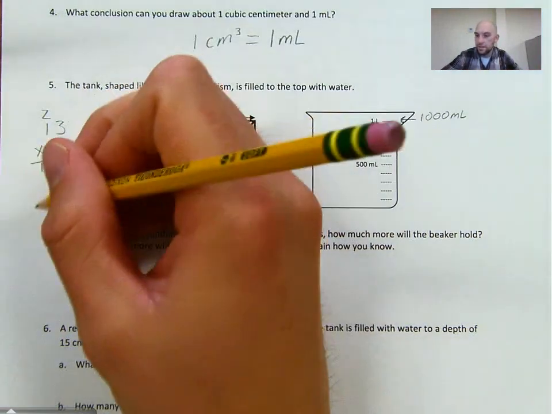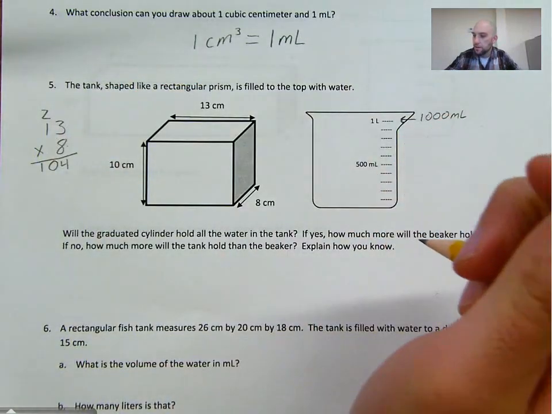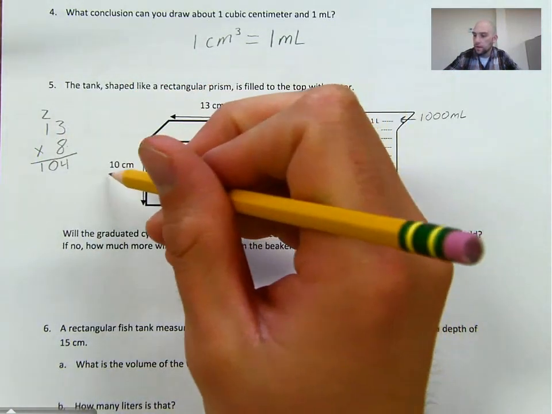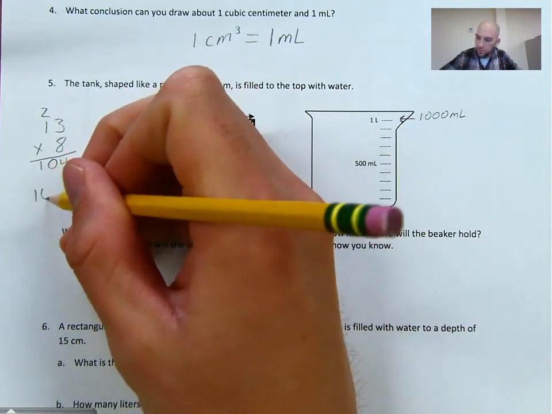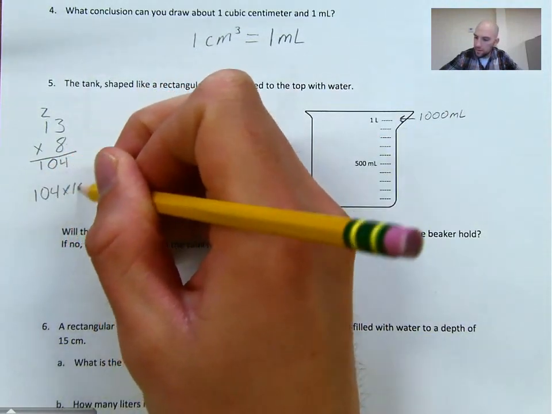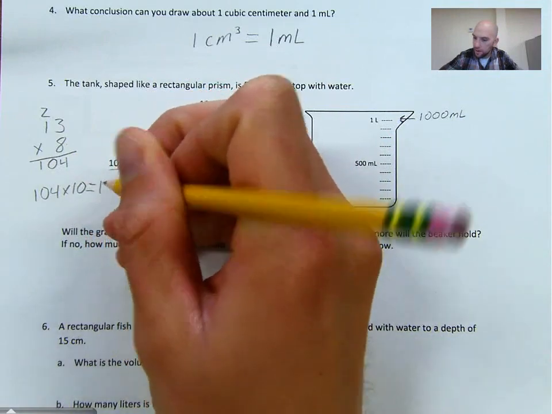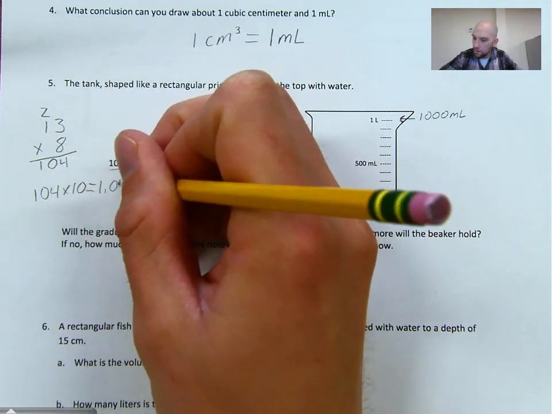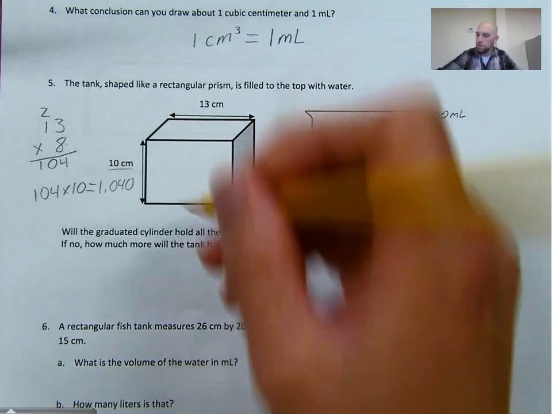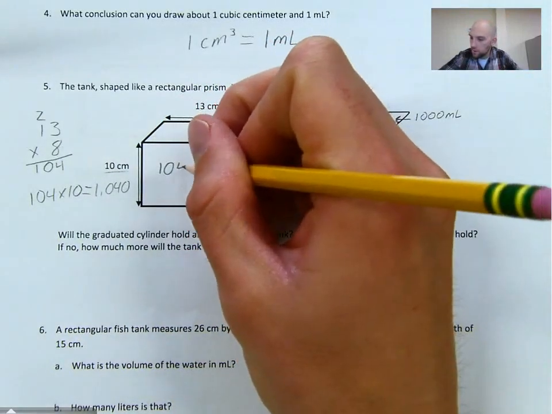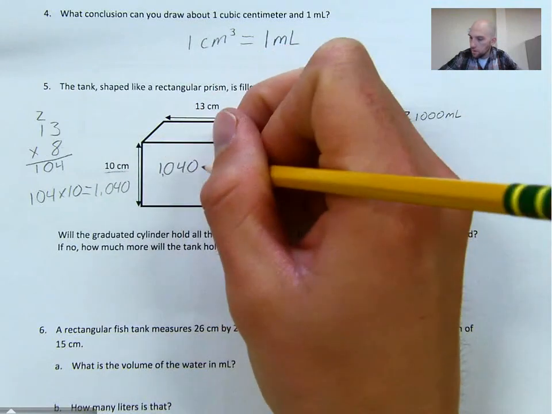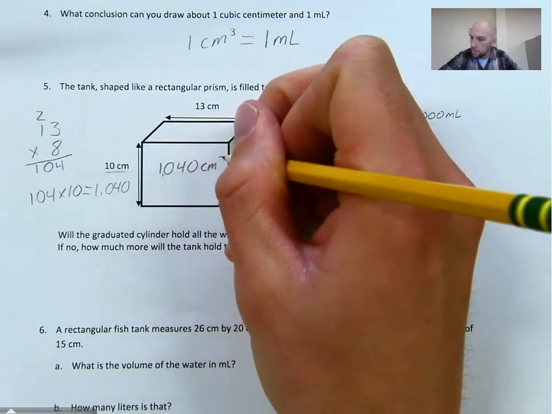And then I need to multiply that number by 10. So 104 times 10 will give me 1,040. So that's going to be the volume of this, 1,040 cubic centimeters.